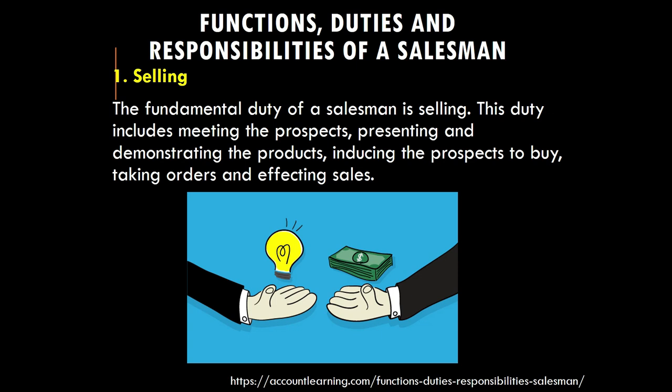So this duty includes meeting the prospects, presenting and demonstrating the products, of course perhaps even inducing the prospects to buy the product or taking orders, and of course affecting sales. So it is the responsibility of a salesperson to sell products.